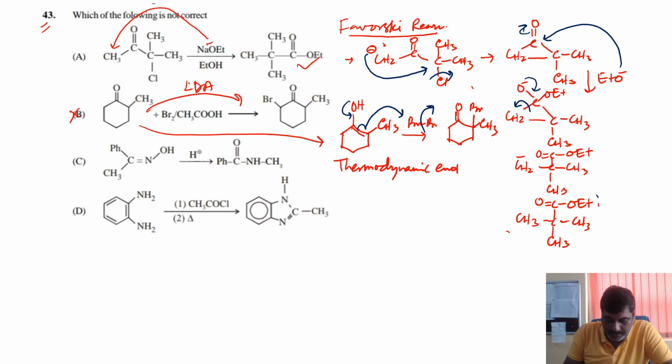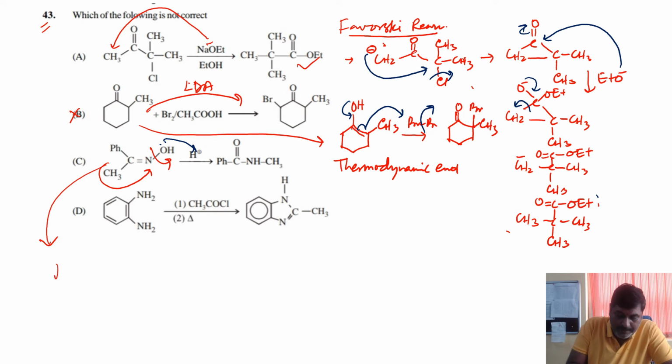Okay, fine. Let's take here option C. Just now we have discussed, this one is the Beckmann rearrangement, and this OH very first will be protonated, and then this one is leaving, and from the anti place, the group migrates. So it is the CH3 that migrates, and I just write here.